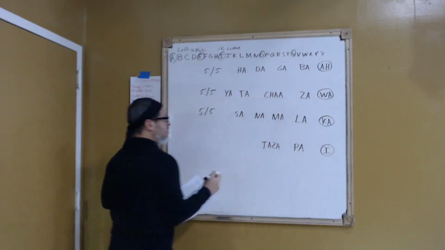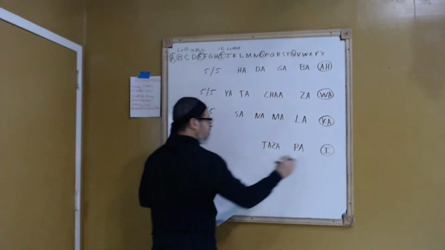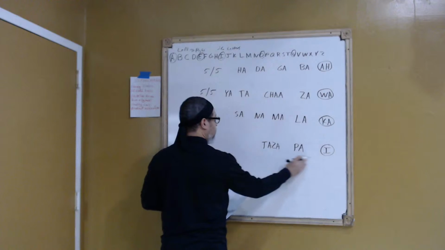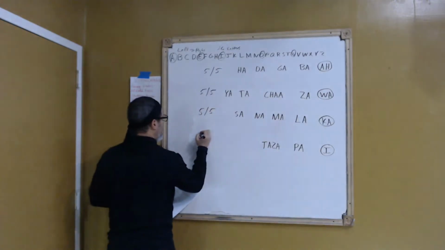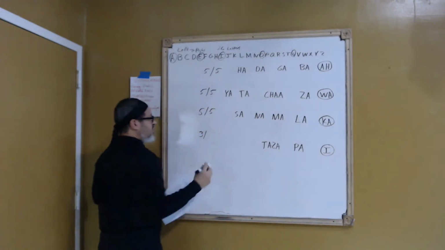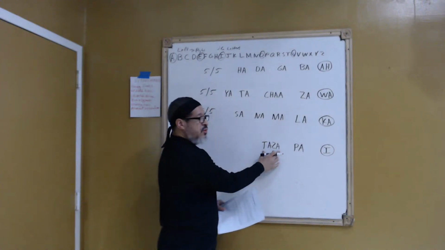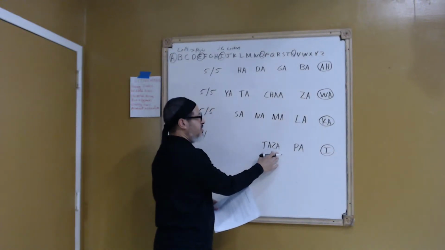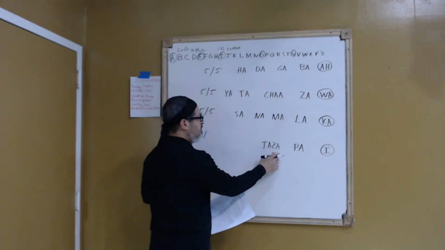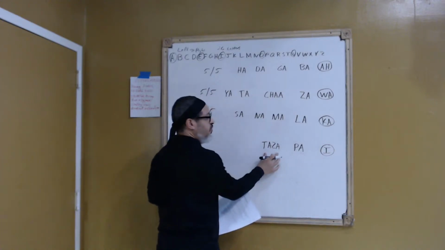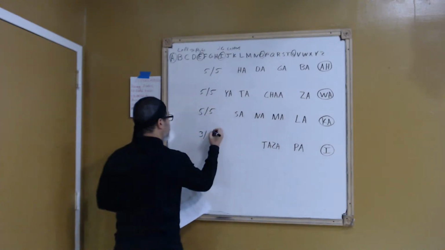This was 3 characters or 3 symbols, 1, 2, 3. But in terms of sound or syllables, taza is just 1 character, but it sounds like 2. It's the only character that has 2 syllables of sound. So it's kind of 1, 2, 3, 4 as far as the song is concerned.